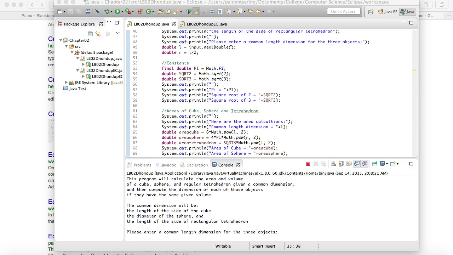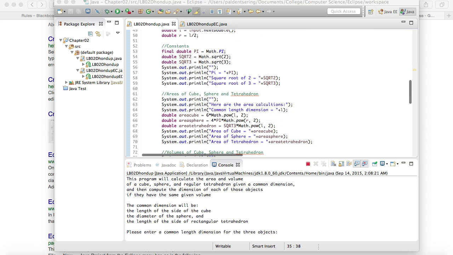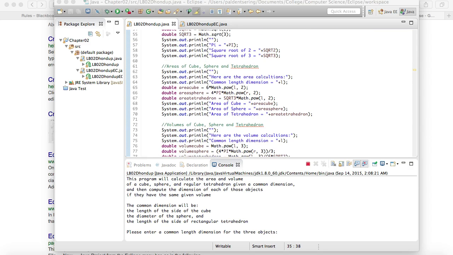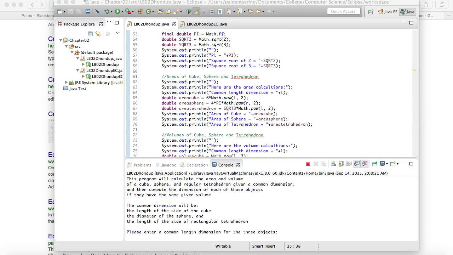The variables PI and SQRT2 are all in capitals. After that, it's going to show you what the area and the volume are.